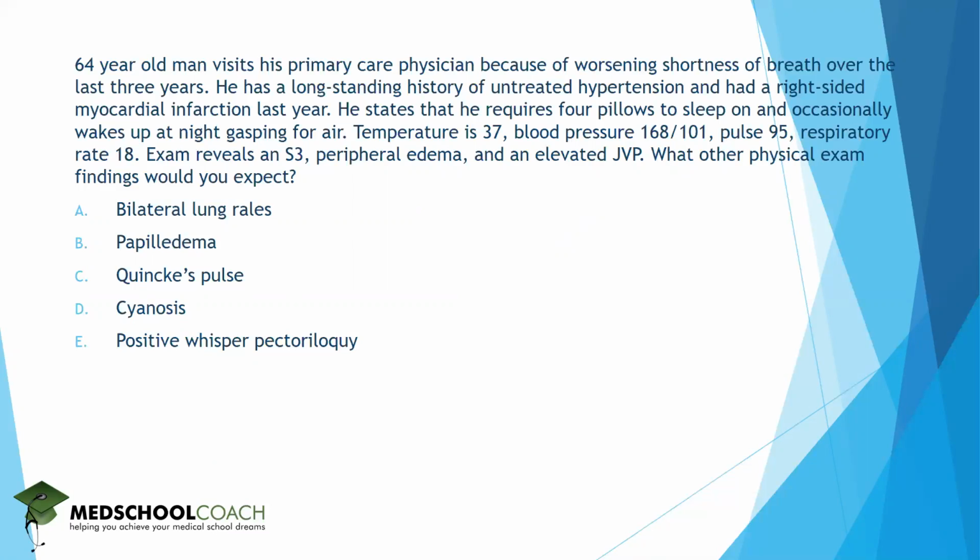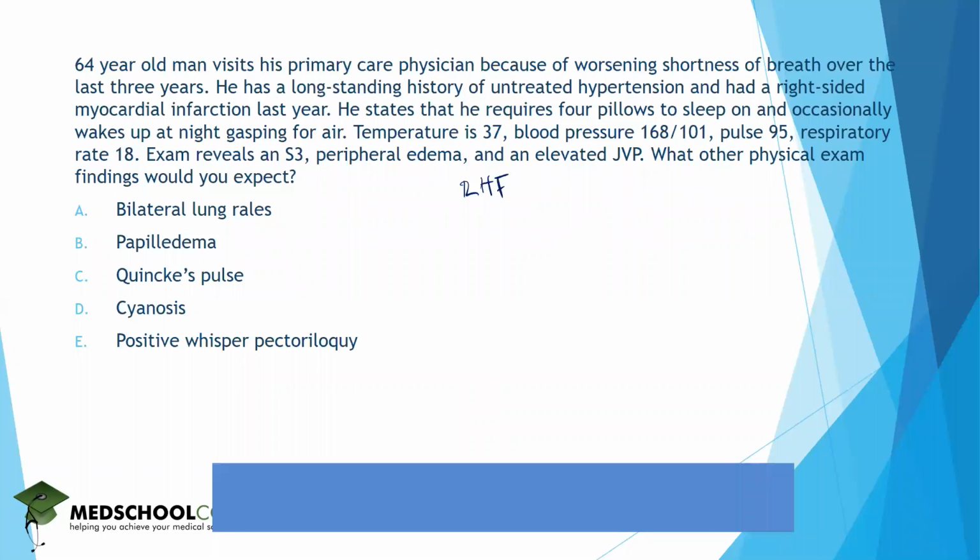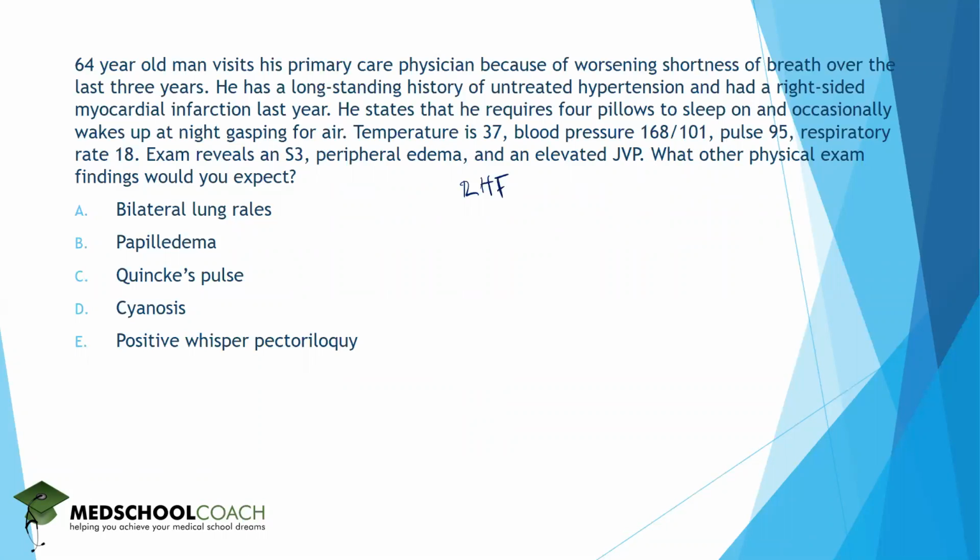Okay. So we think that this guy had a right-sided MI, and he's got symptoms of right-sided heart failure. So he's going to have other symptoms maybe of right-sided heart failure.